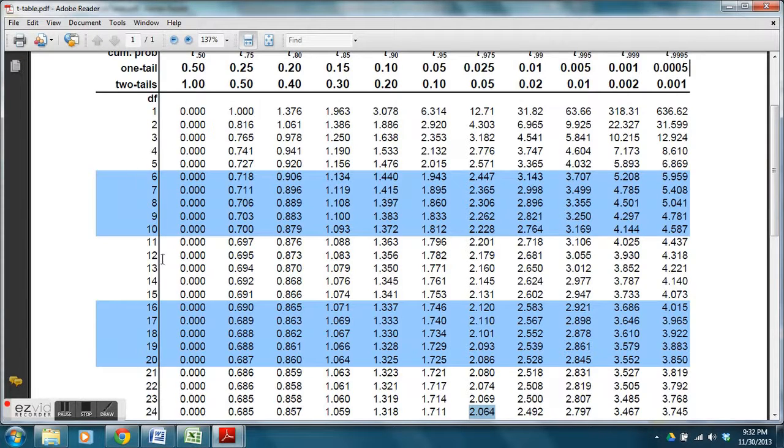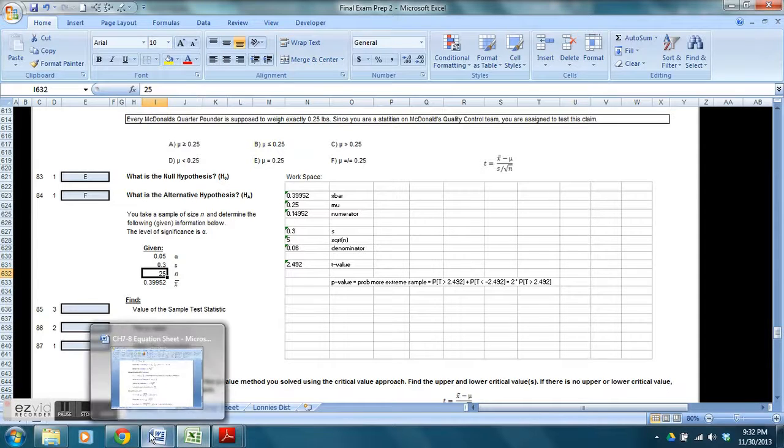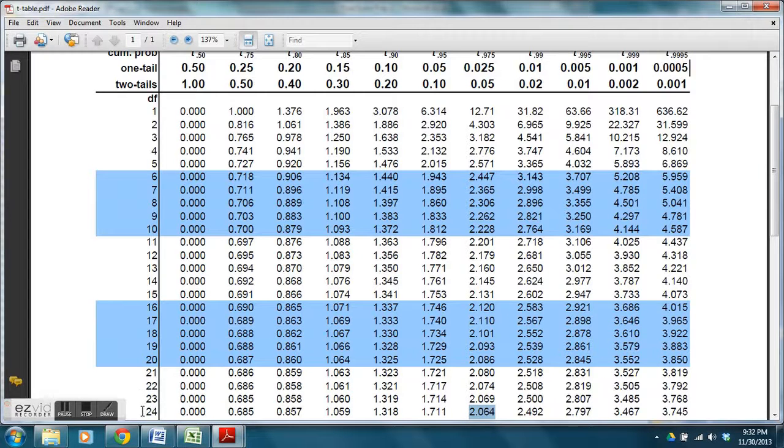But in the t-table, you actually have your t values in the center and your degrees of freedom on this y-axis, and the probability on the x up here. So the first thing we have to consider is what is our degrees of freedom in this problem, and our degrees of freedom is always n minus 1. N is 25 in this case, so our degrees of freedom is 24.